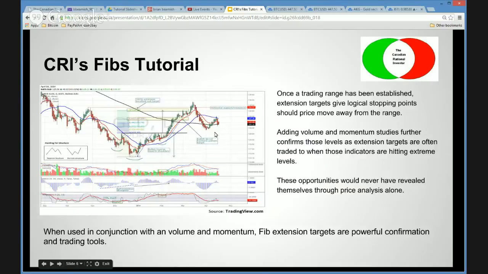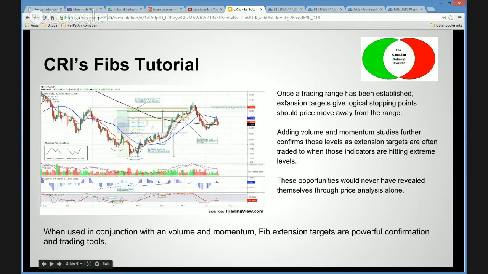All right, so putting it all together, this is combining the concept of market structure plus volume plus momentum. The extension targets should go hand in glove with other indicators that you're using.